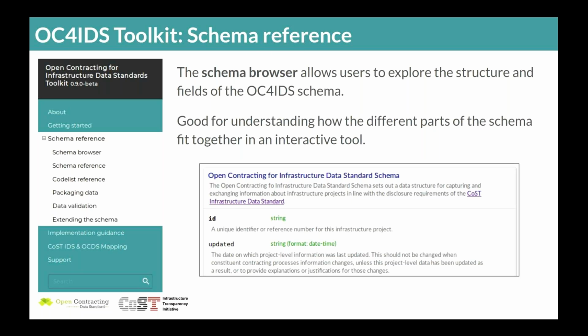Then, as you would expect, there's also the schema on the site and a schema browser, which allows you to click through the different fields and see their descriptions and their format. That allows you to explore the different fields and structure within OC4IDS.